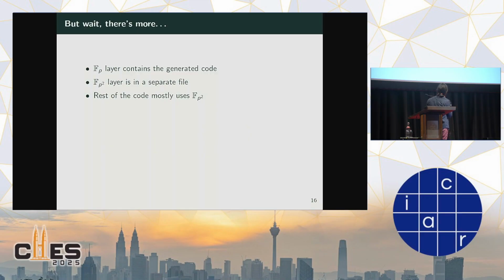Cool, so this looks fine, but there's just one last thing that we tried. And that has to do with how the code is organized in SkiSign, in the reference implementation. So the arithmetic layer consists of two parts, the base finite field and the quadratic extension. The FP layer is the one that is generated by either generator. The quadratic extension part is a separate file.